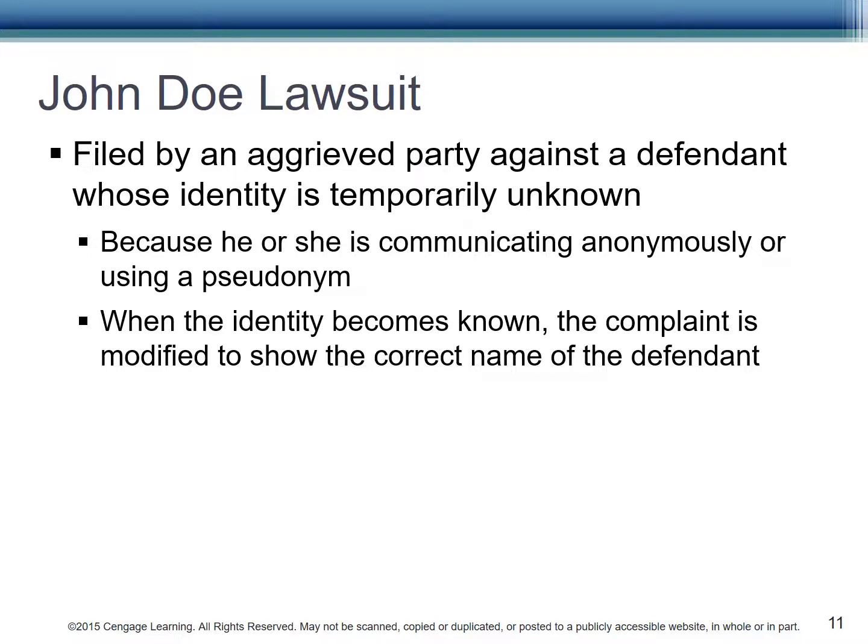The person they're trying to find is communicating using many of the tools we were talking about to remain anonymous. When the identity is determined, the organization or person puts the person's real name in place of John Doe.